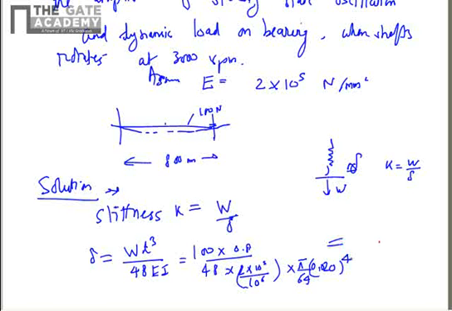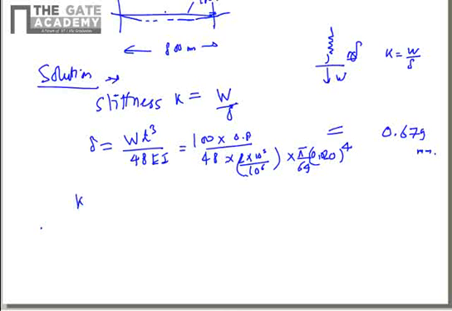Calculating this value, you will finally get the static deflection equal to 0.679 mm. Now the stiffness K is equal to 100 Newton divided by 0.679 mm. So you will get the stiffness equal to 147.27 Newton per meter.